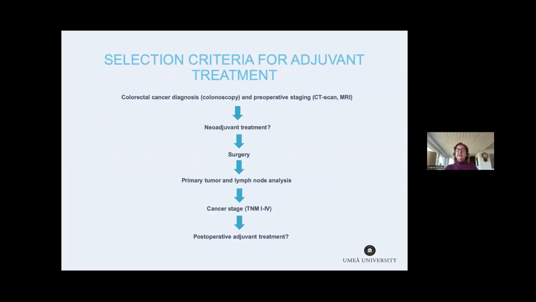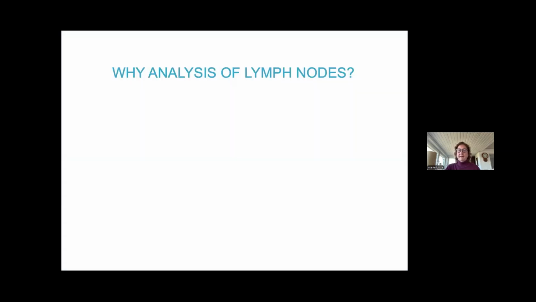So the selection criteria for adjuvant treatment is the diagnosis of colorectal cancer and preoperative staging, decisions about neoadjuvant treatment, surgery, primary tumor and lymph node analysis, and then the allocation to TNM stage 1, 2, 3, or 4, and decisions about postoperative treatment. And in this part, the lymph node analysis is very important.